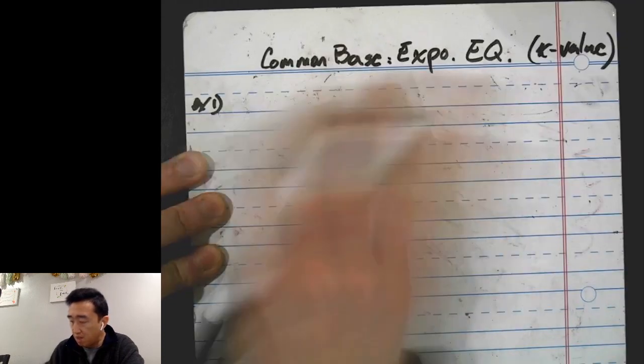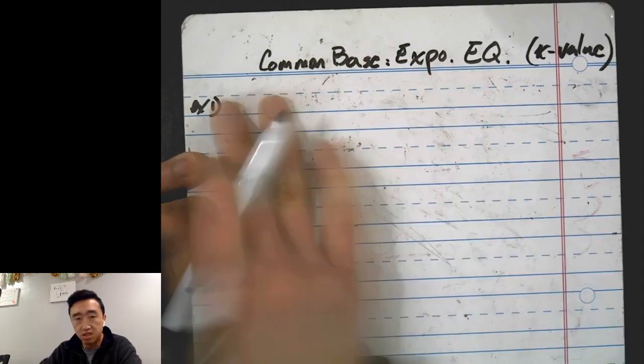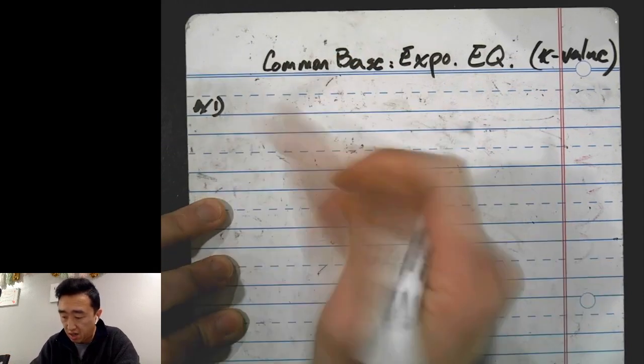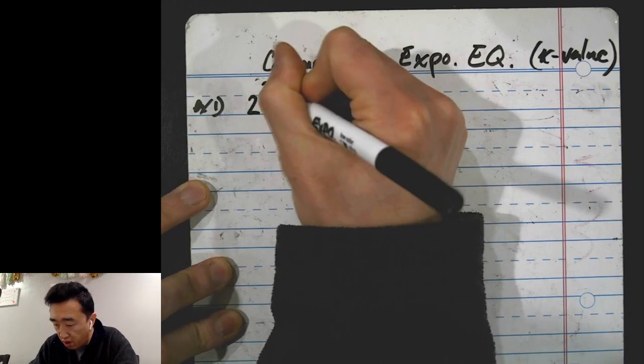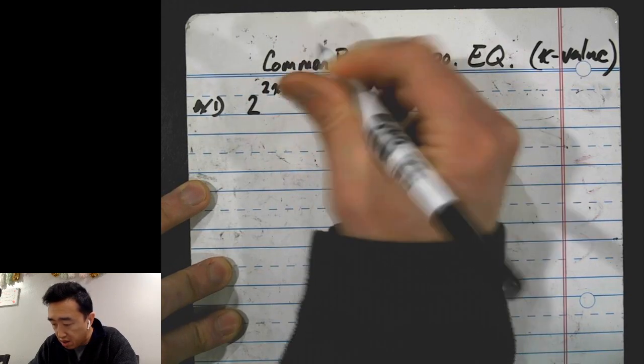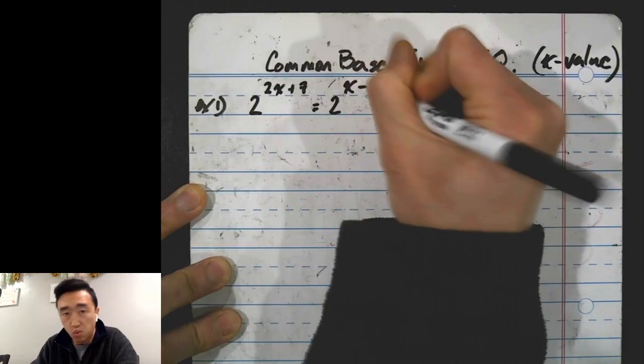I'm going to make the same exact situation, but instead of just having it as equations, what if it was as exponents, meaning like this? Check it out. So let's say we have 2 to the power of 2x plus 7 equals 2 to the power of x minus 1.